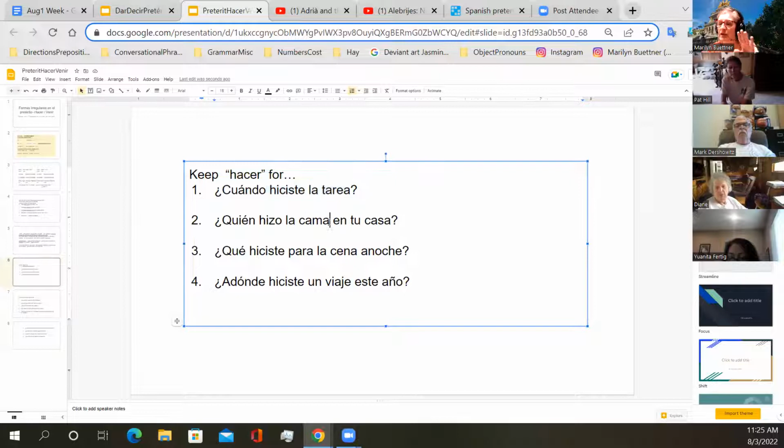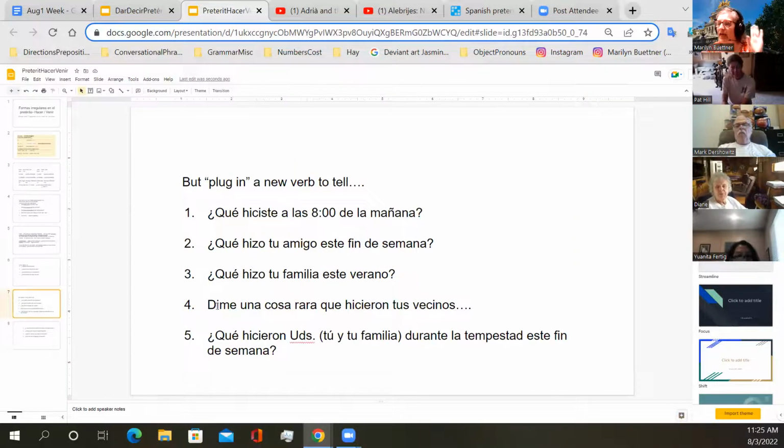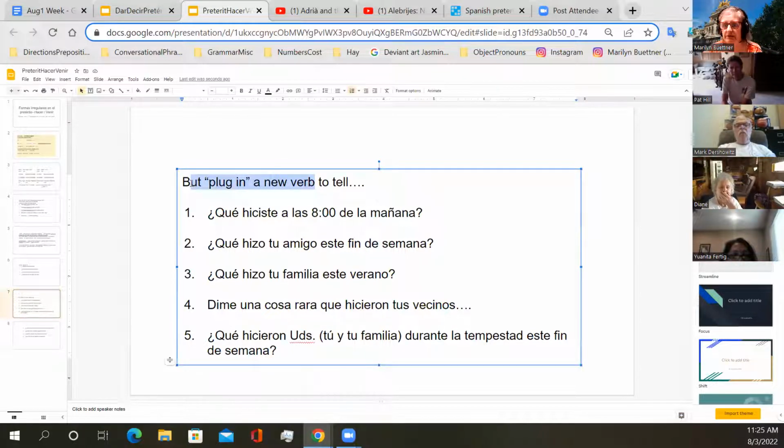They're expressions that just always use hacer. And then you'll have other expressions where you have to plug in a new verb that is not hacer. Does that make sense?